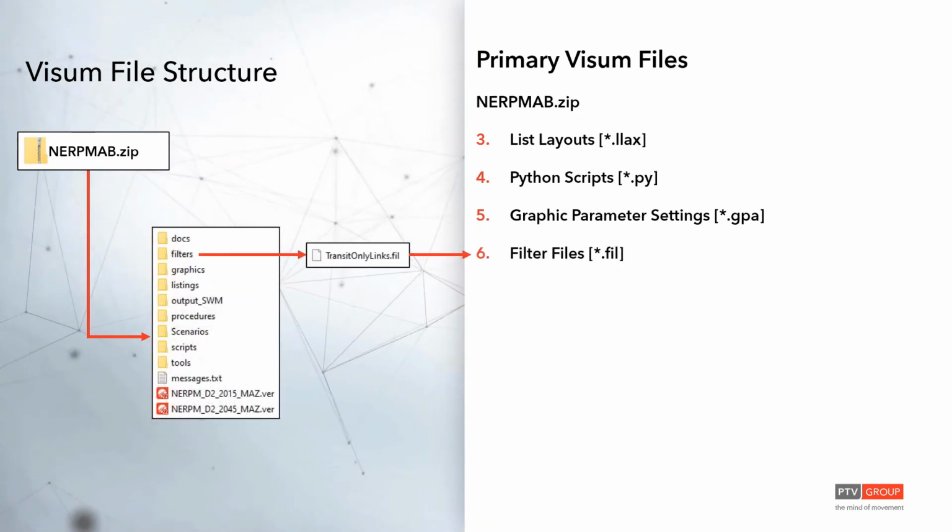Okay, so another set of files are the filter files, and the extension is .fil, and you'll find these files in the filters subdirectory. The purpose of filter files, as the name suggests, is to filter various objects in Visum.